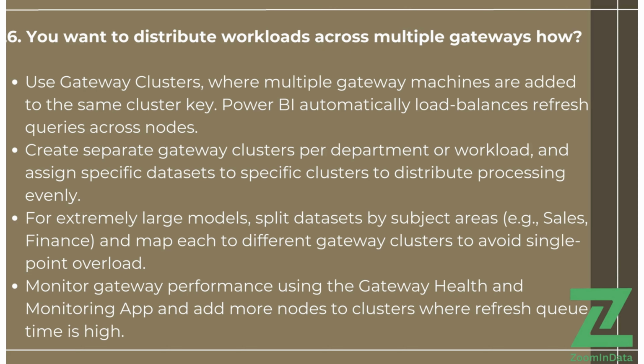For extremely large models, split datasets by subject areas, example sales, finance, and map each to different gateway clusters to avoid single-point overload. Monitor gateway performance using the Gateway Health and Monitoring app and add more nodes to clusters where refresh queue time is high.